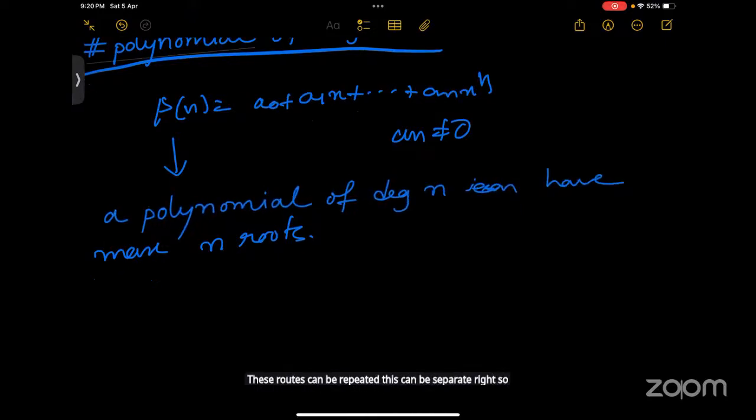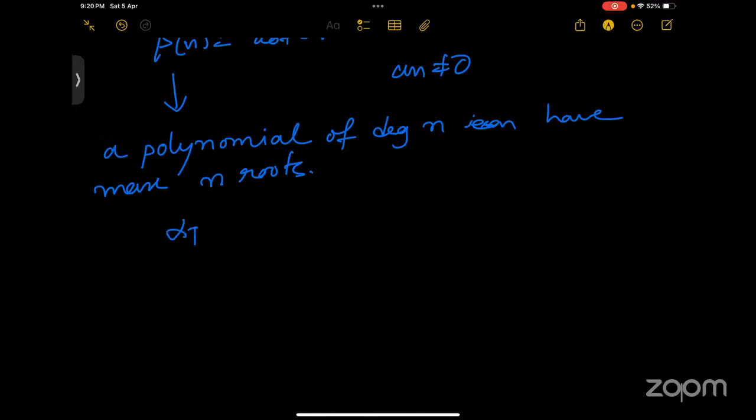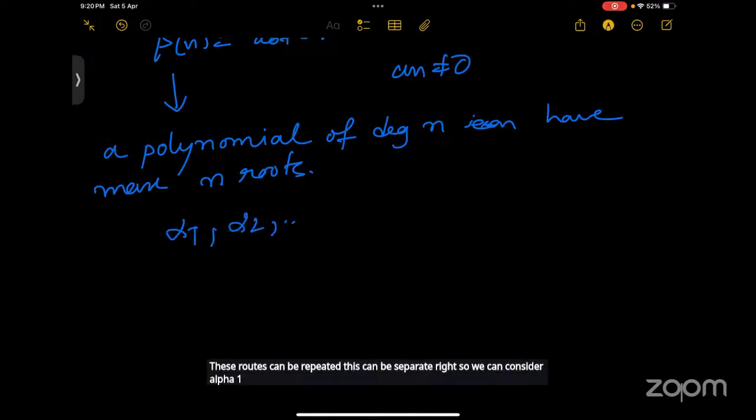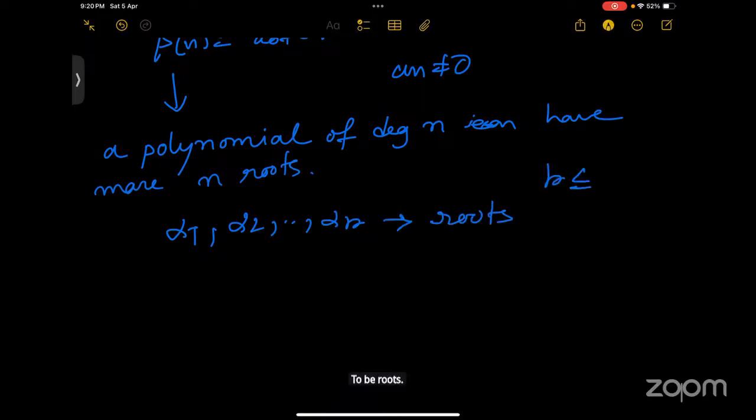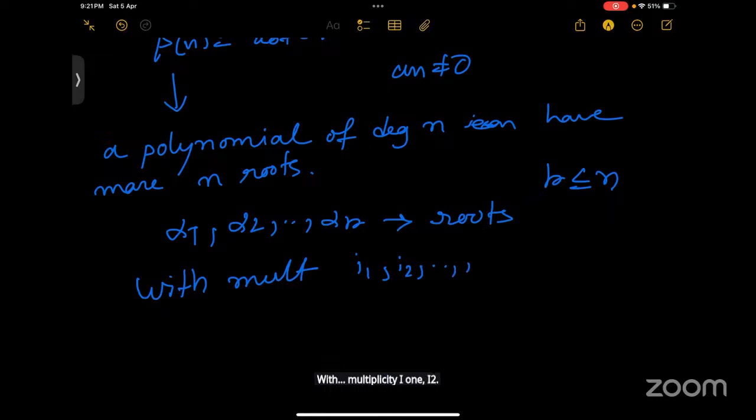So we can consider alpha 1, alpha 2, up to alpha r to be roots, where r is less than or equal to n, with multiplicities I1, I2, up to Ir.